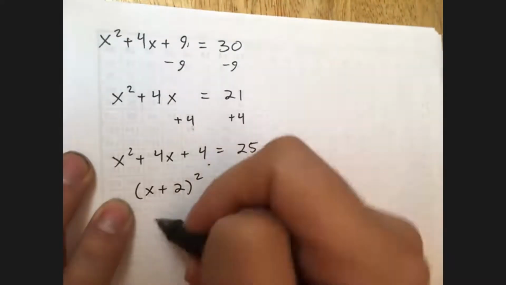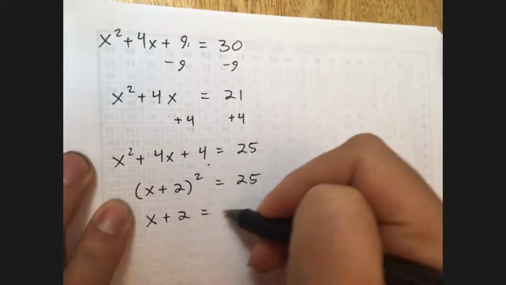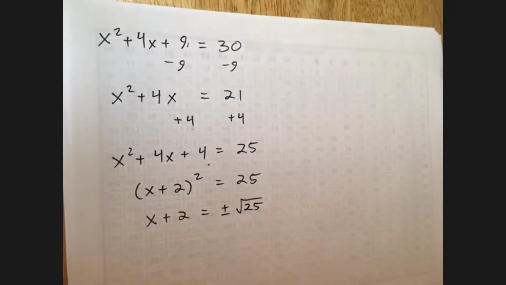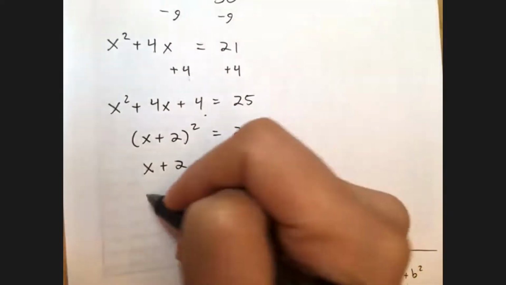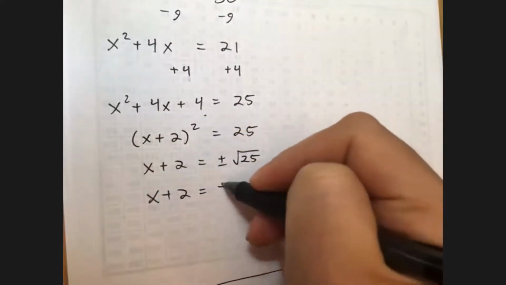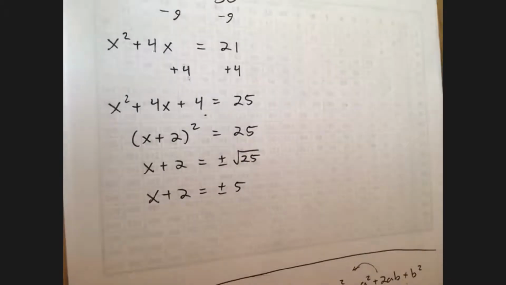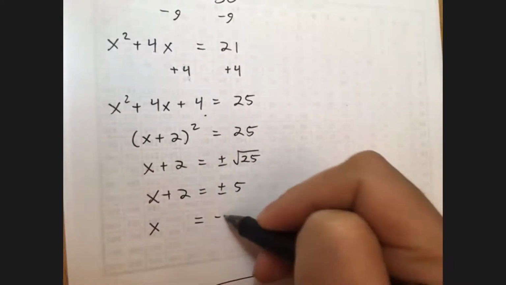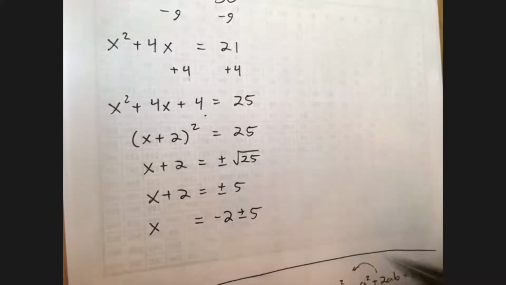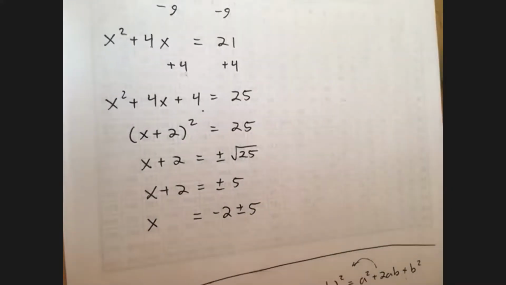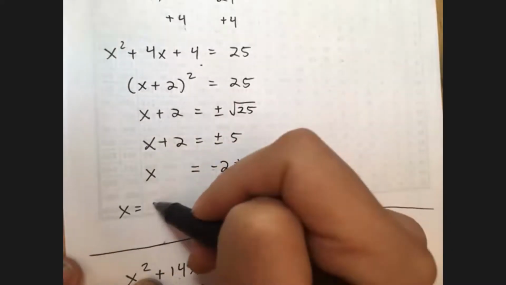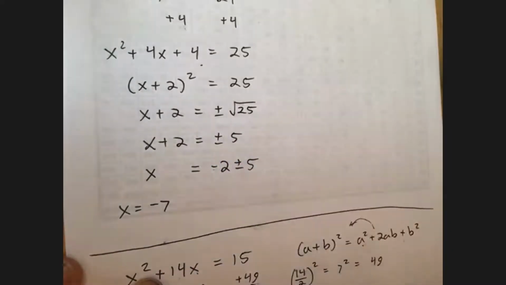So now we use the square root property. Square root of 25 is 5. So x equals, if I subtract 2 from both sides, negative 2 plus or minus 5. Another way to write that would be negative 2 minus 5 is my first answer, negative 7.